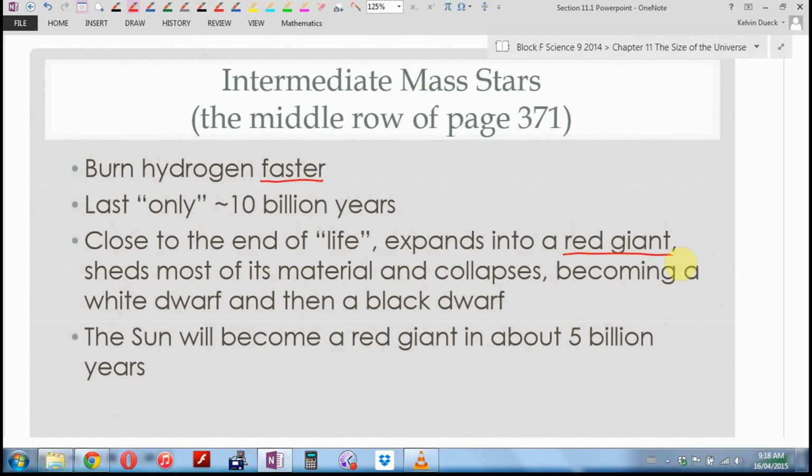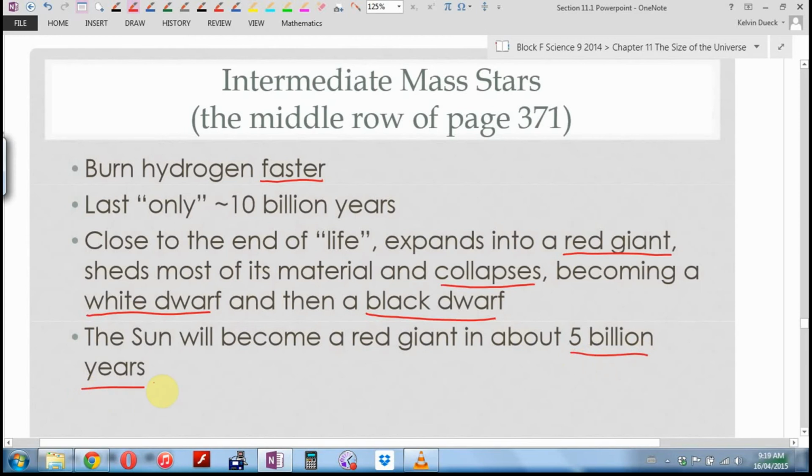And it sheds most of its outer material and collapses, becoming a white dwarf, and then as it cools off, because stars get their color from how hot they are, a black dwarf. Well, a white dwarf isn't actually white. It's cooler. It's whitish. The sun, Kevin, here's your question, will become a red giant in about 5 billion years or so.